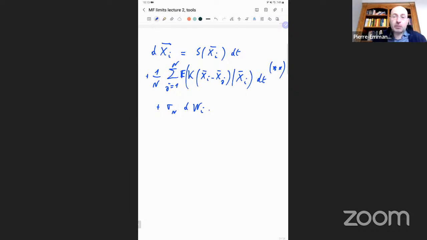So the first very important point to notice is that this one actually propagates IID. So if the xi bar 0 are IID, then the xi bar at time t are IID automatically.